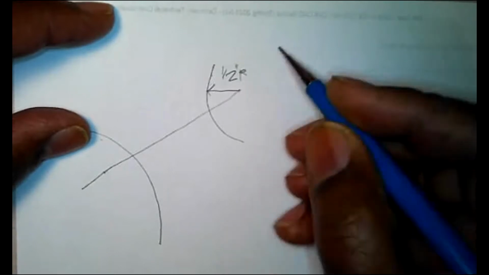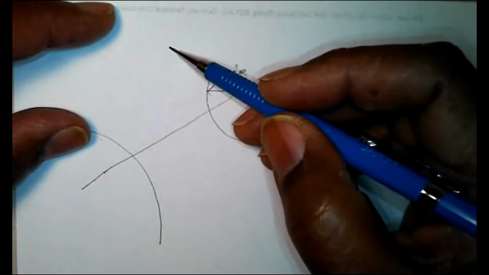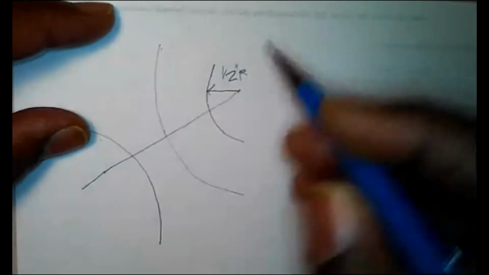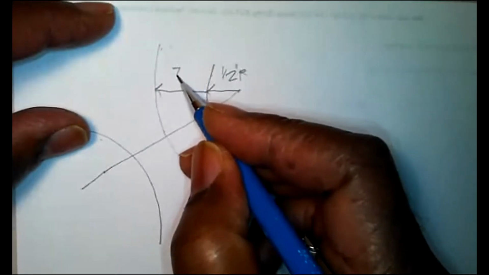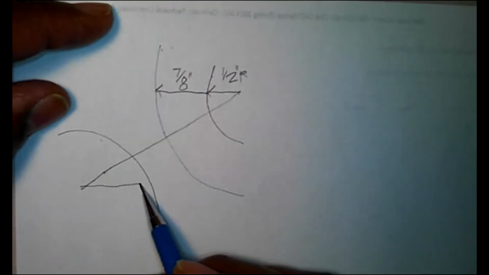So from the same point here, you're going to draw another arc that's going to be 1/2 inch plus 7/8. Of course, I'm not sketching it to scale, so yours is going to look a little different.